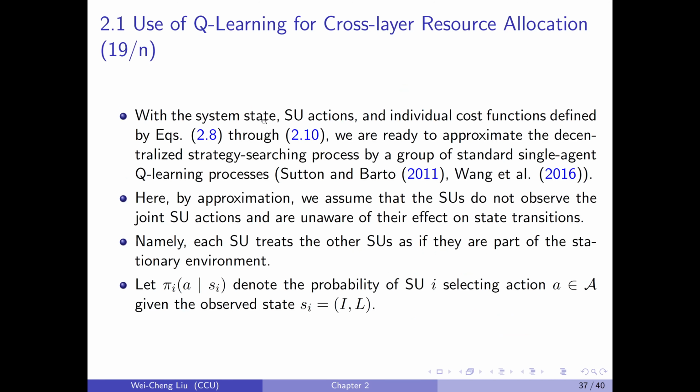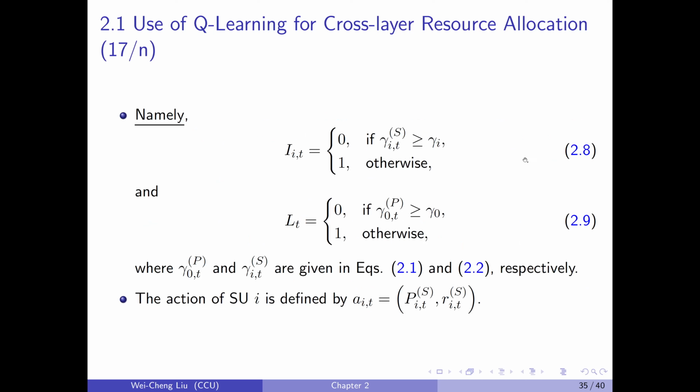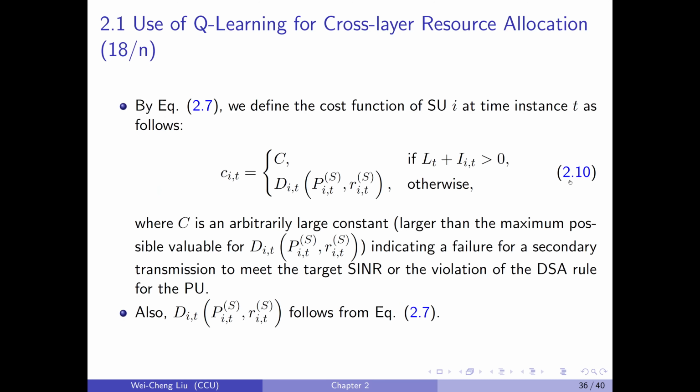With the system state, secondary actions and individual cost functions defined by equations 2.8 through 2.10: in equation 2.8, we defined I_i^t, in equation 2.9, we defined L^t, and in equation 2.10, we defined small c_i^t, which is the cost function of secondary user I at time instance t.